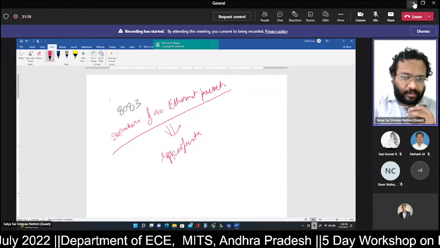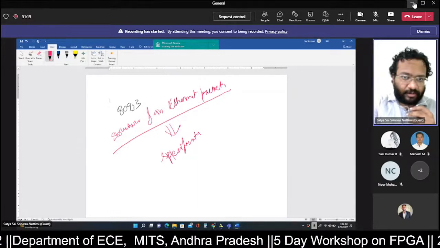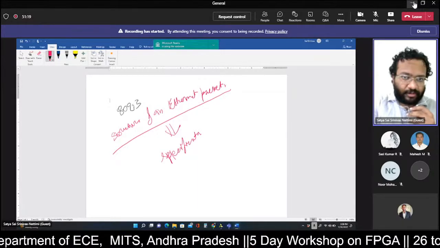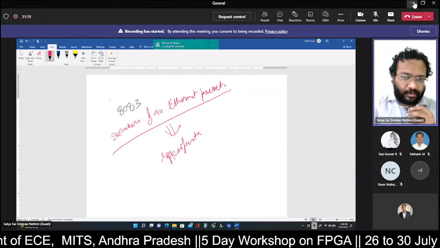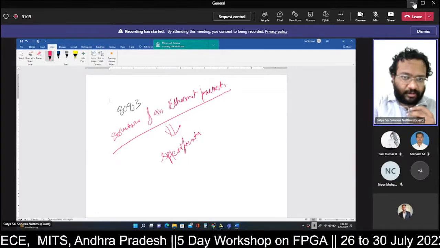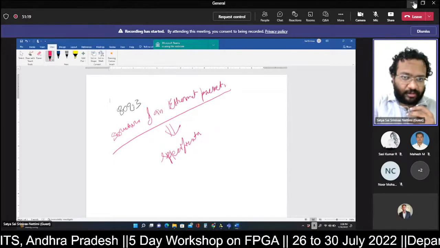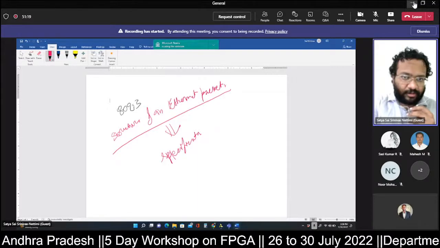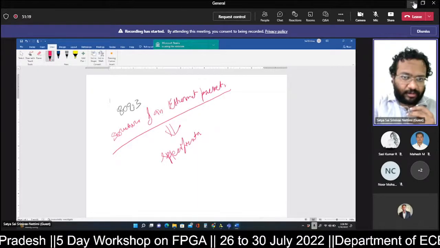After that we have type. Next we have data and padding.